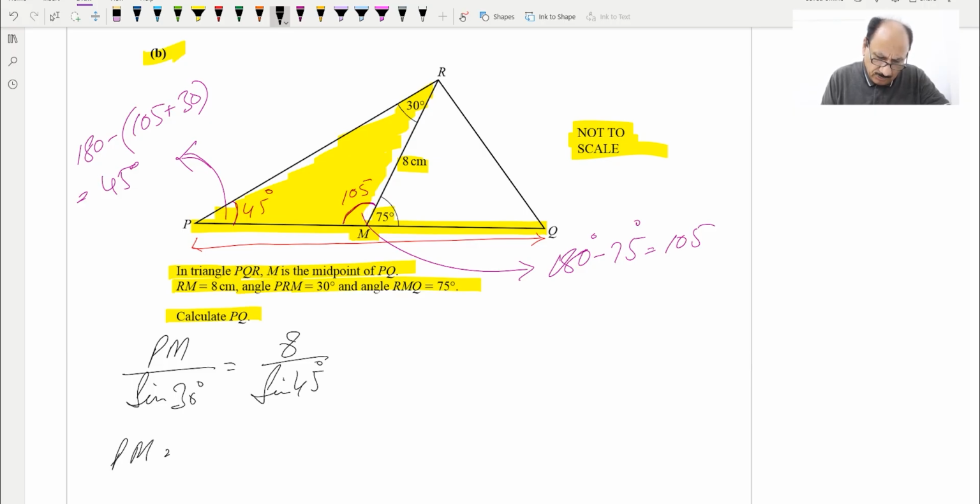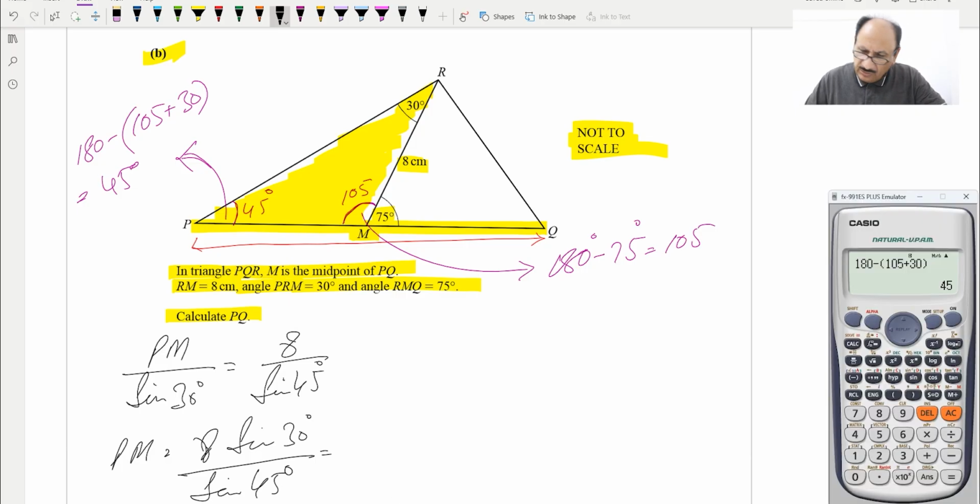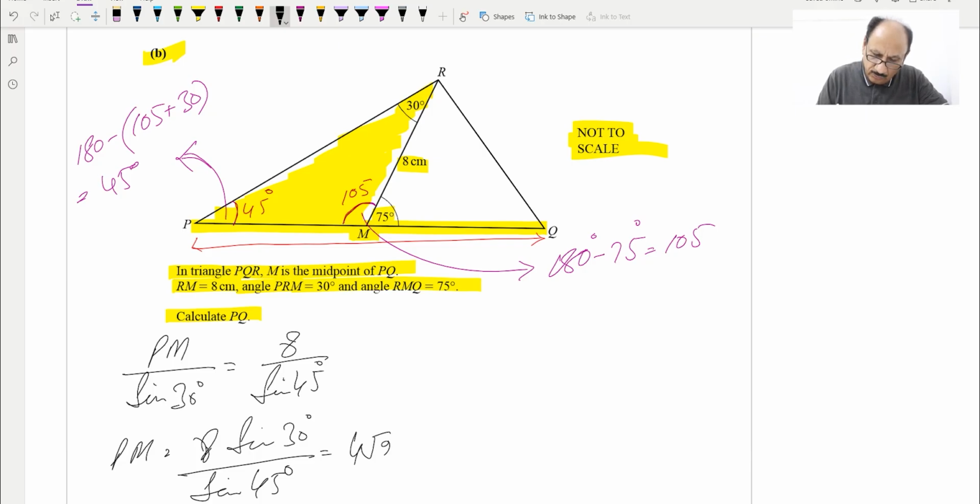PM will be equal to 8 sine of 30 degrees over sine of 45 degrees, and this will give us the PM value. This is 8 sine of 30 degrees over sine of 45 degrees, which is equal to 4 root 2.